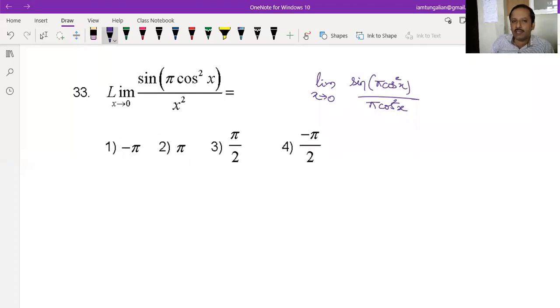This will not be equal to 1. Some of you may think, sir, is it not in the form sin x by x as x extends to 0, so it should be equal to 1? It need not be. It is not equal to 1.